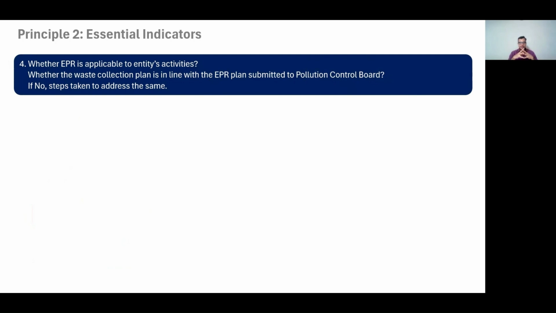So the Government of India, particularly the Ministry of Environment, Forests and Climate Change, has become very strict with respect to the pollution which is being created by certain elements like plastic, used oil, used tires, e-waste, and battery waste.